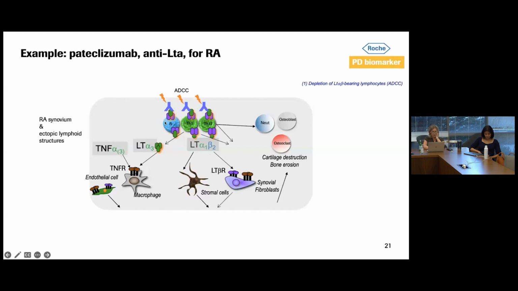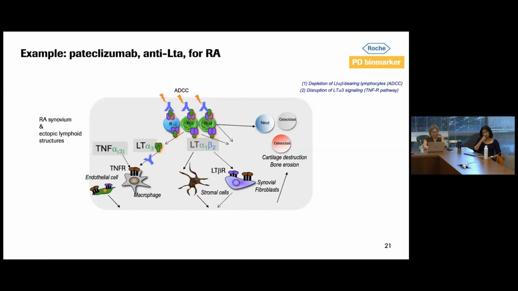Lymphotoxin alpha is expressed on B cells and T cells, and it plays a role depicted here. It has many different receptors and interactions with other cells in the immune system, in the synovial fluid. So binding of the antibody directly to the cells can delete these cells.